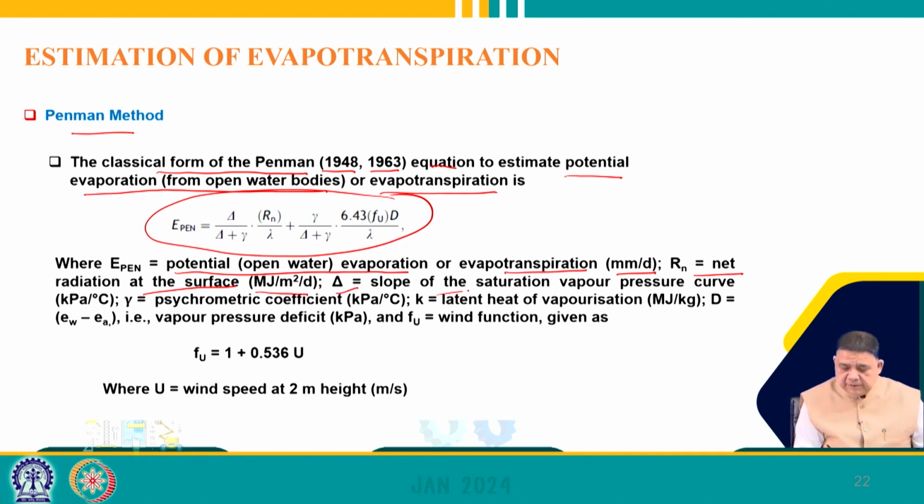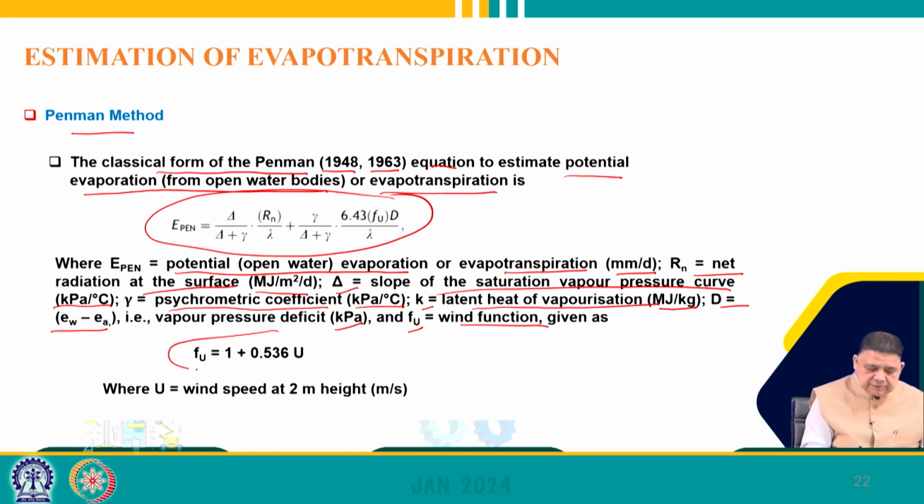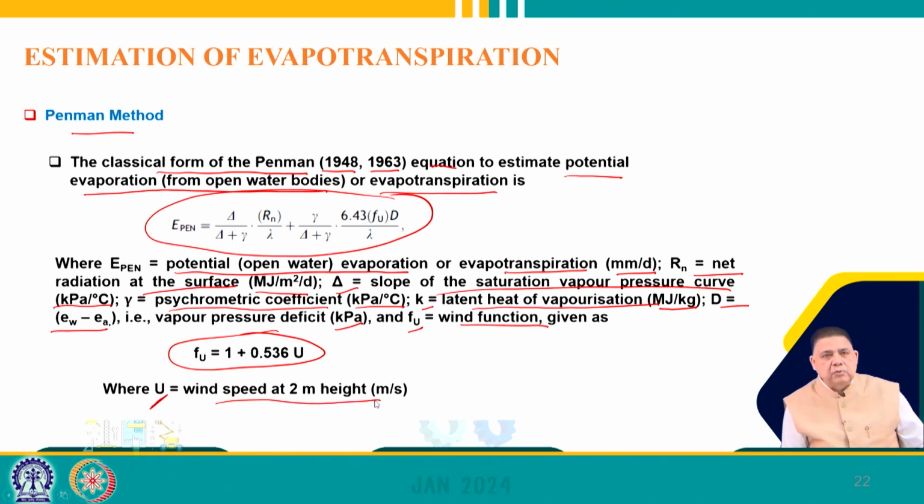Delta is the slope of the saturation water vapor pressure curve in kilopascals per degree C. Gamma is the psychrometric coefficient in kilopascal per degree C. K is the latent heat of vaporization in megajoules per kg. D is the vapor pressure deficit, Ew minus Ea in kilopascals, and Fu is the wind function, which is given by this relationship.